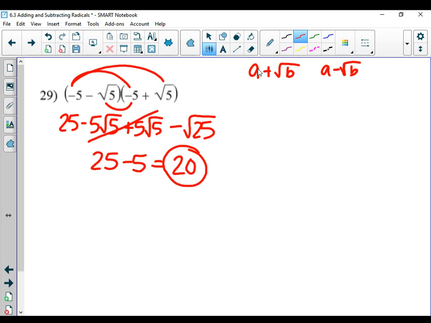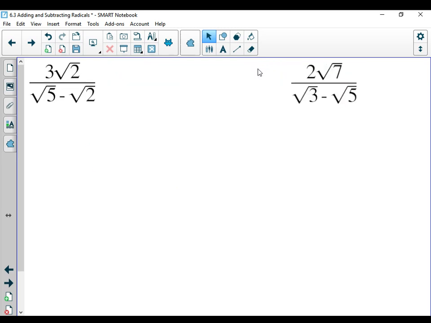So what are we going to use it for? We've done adding and subtracting and multiplying. You're still dividing, okay? So these are just a step up from what we were doing the other day. We had just one radical in the denominator, but a monomial down there. Now we have a binomial.